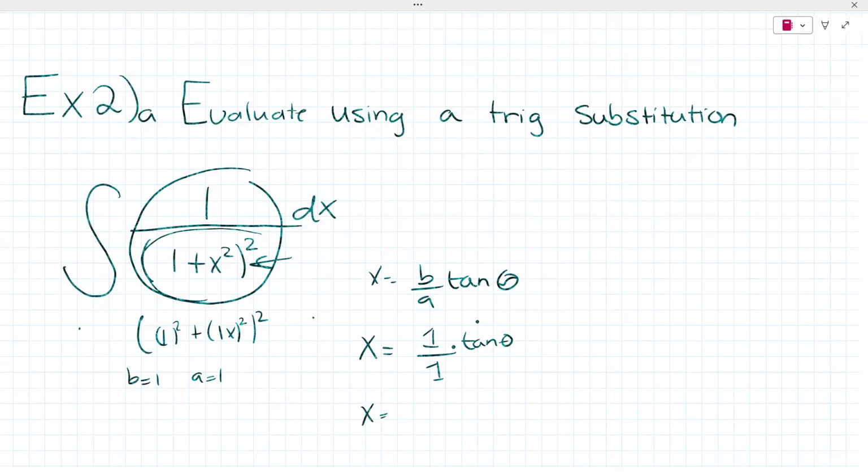So x equals tan theta, or you could think of it as tan theta equals x over 1, right?